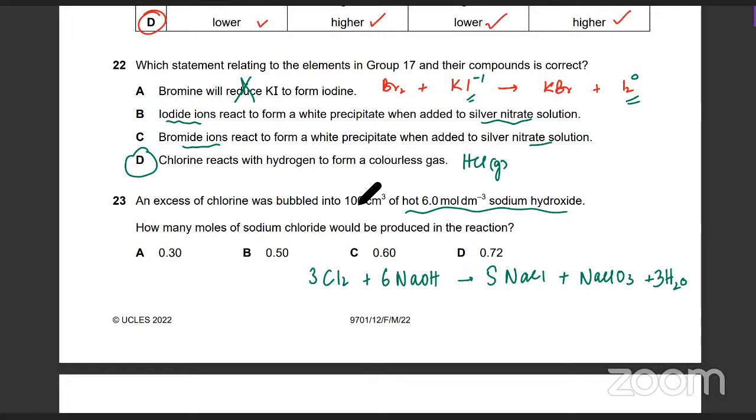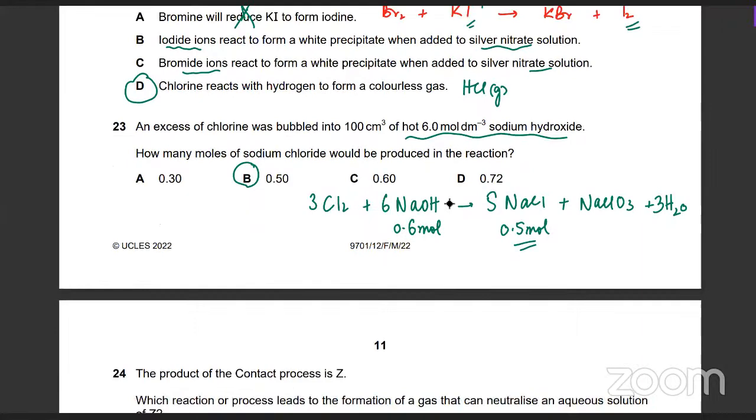That's 6 times 100 divided by 1000, so that's 0.6. So the moles of NaCl will be 0.5, 6/5. You just multiply by the Mr, but you're just asking for the moles. So the answer will be B. Is that clear?